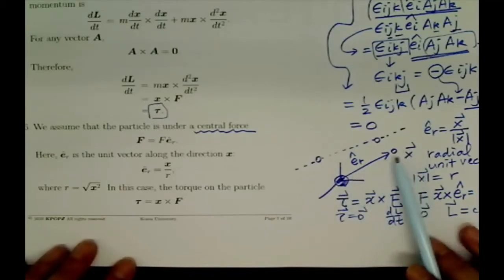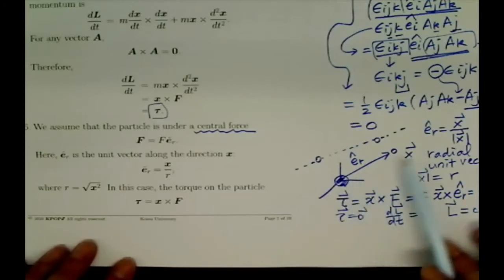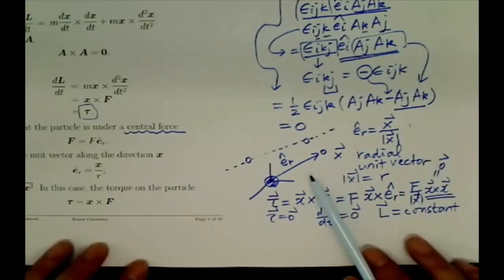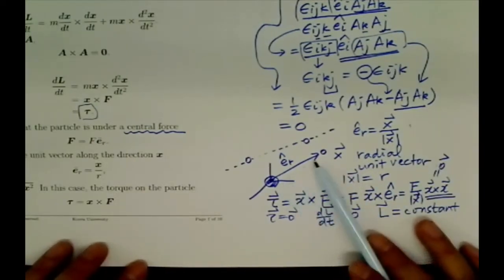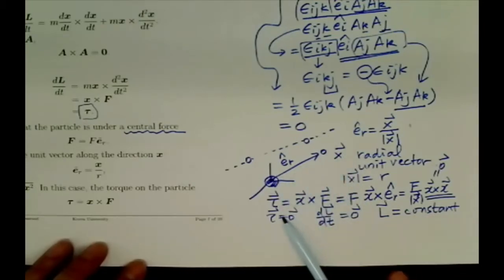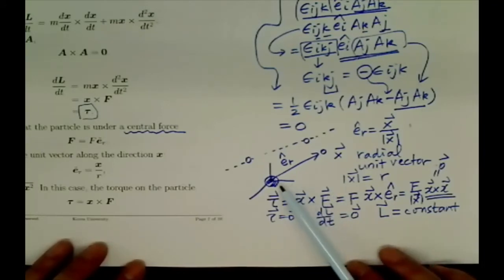So the force is along the radial direction of the light particle, so this is the central force. Force is along that radial line. What is the torque? Torque is x cross F. F is proportional to the radial direction.